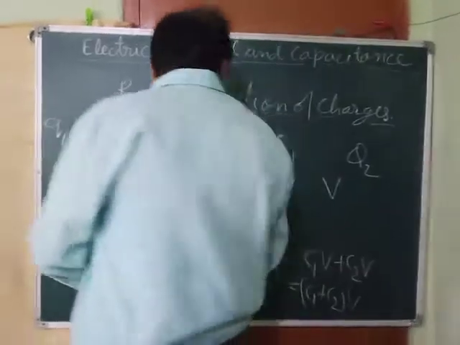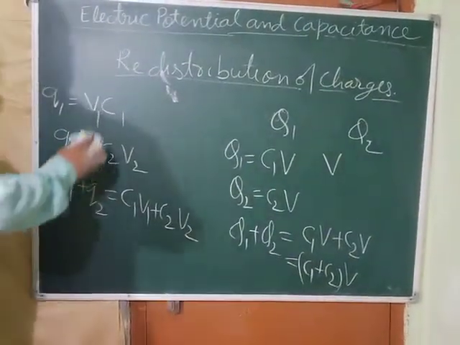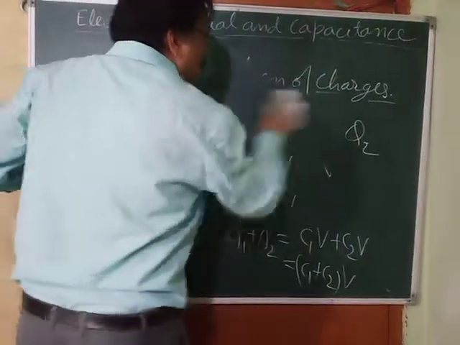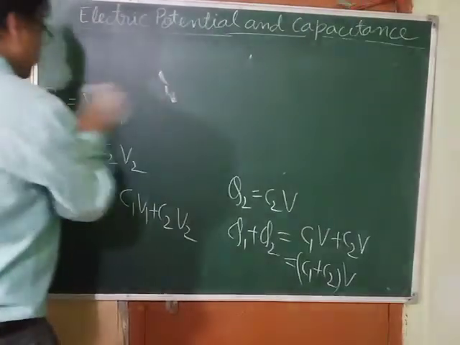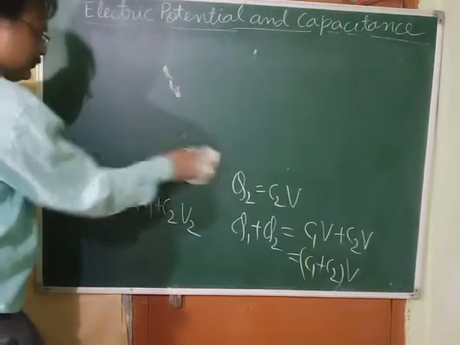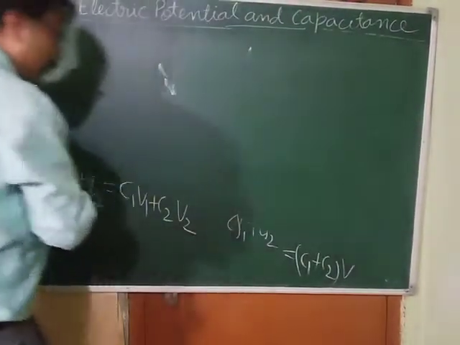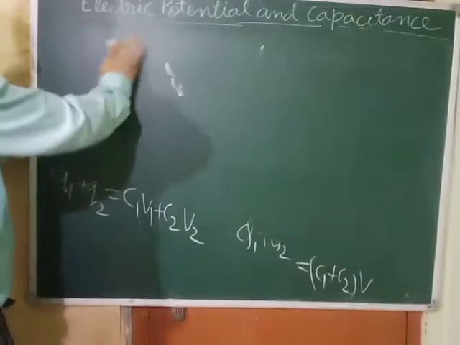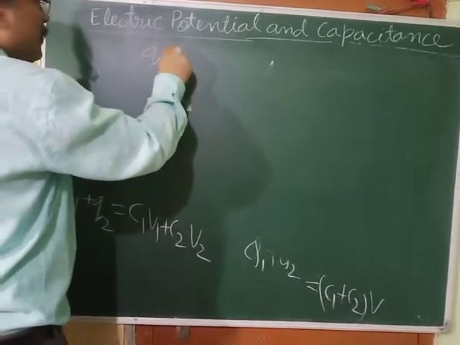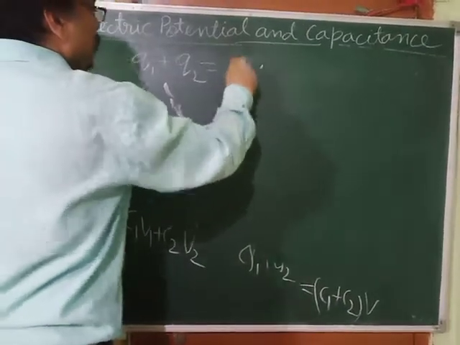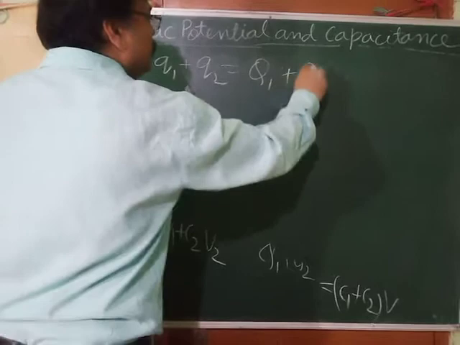So when we use the law of conservation of charge, what will we get? The initial charge must be equal to the final charge, that is small q1 plus small q2 must be equal to capital Q1 plus capital Q2.